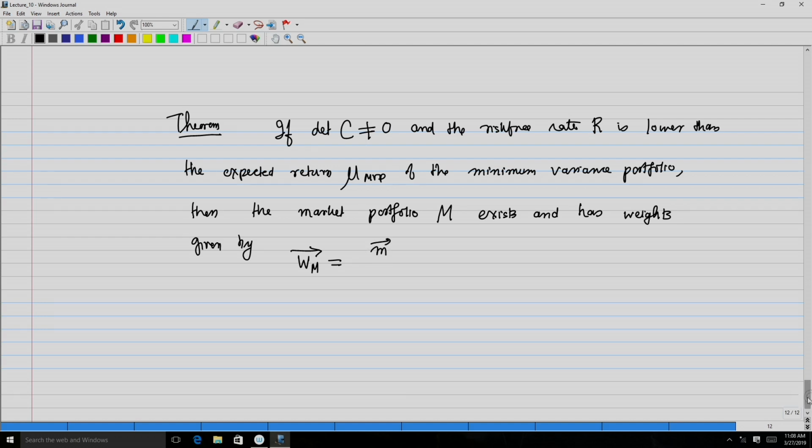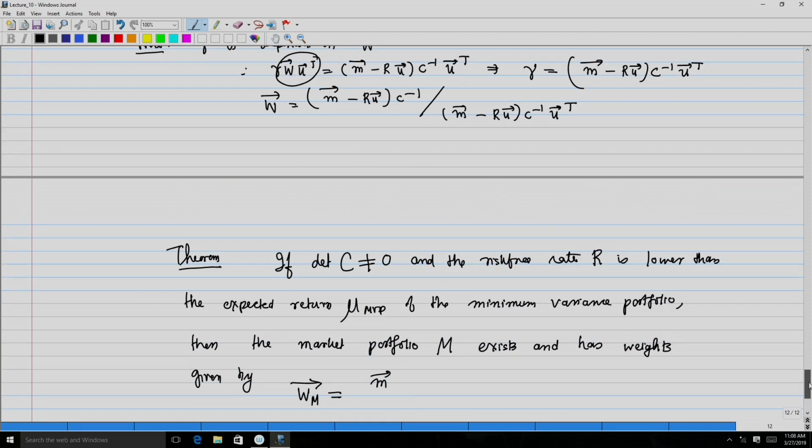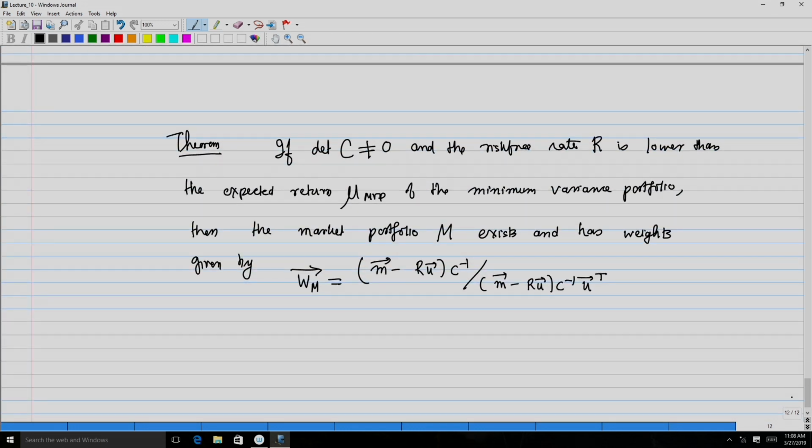So, I have already ascertained what my weights are. This is given by (m minus r vector u) C inverse divided by (m minus r u) C inverse u transpose. So, this is how we actually obtain the market portfolio.